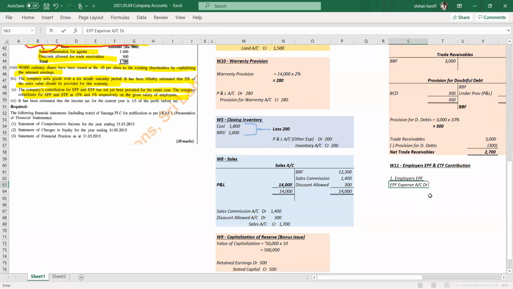EPF expense account debit, 15% means 150.